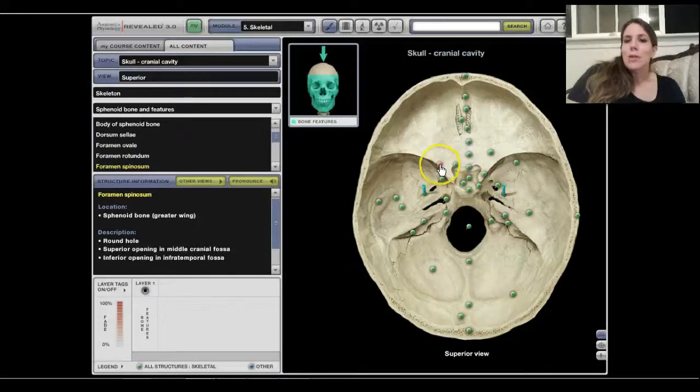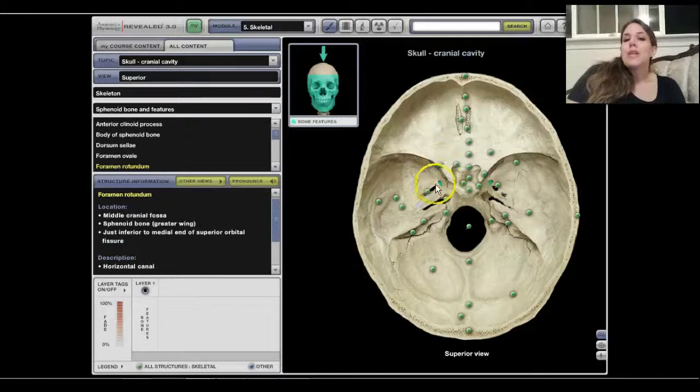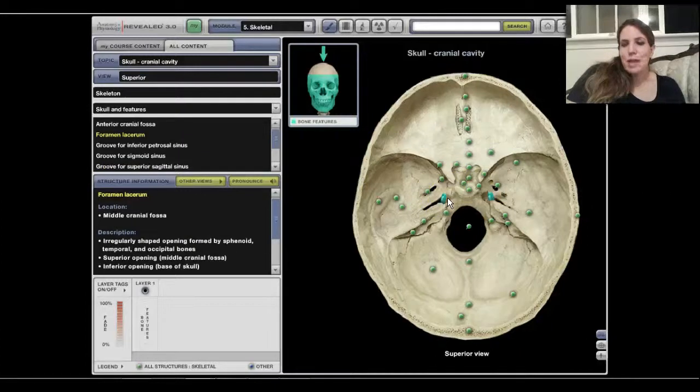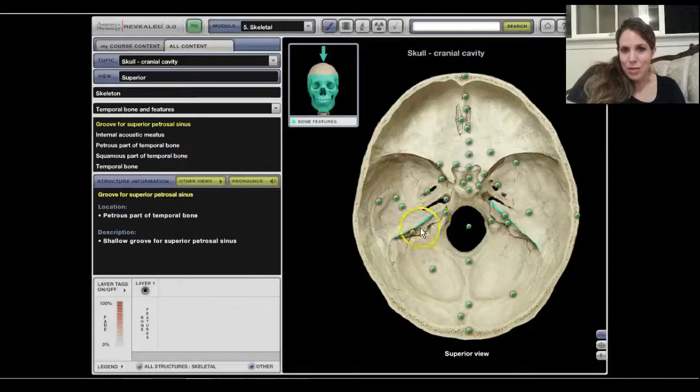So let's draw a map here. Superior orbital fissure, foramen rotundum, foramen ovale, foramen spinosum, which makes this one right flanking the start of the occipital bone your foramen lacerum. Now we're down near the opening to the foramen magnum right here. So let's keep moving down. These are grooves.